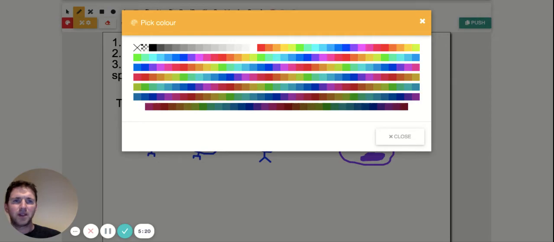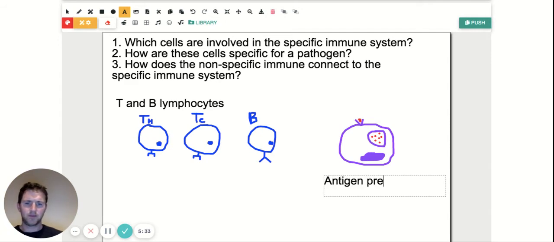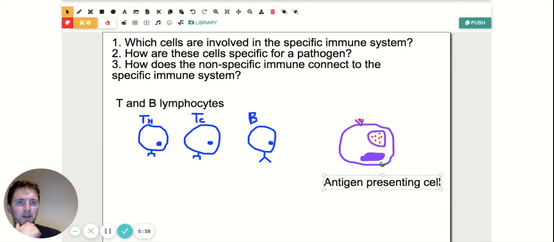We then call that cell something different. It's still a phagocyte, but it's now doing another specific job, which means it is an antigen-presenting cell. It does as it says. It presents the antigen on its surface. It becomes an antigen-presenting cell. This is how the non-specific immune system connects to the specific immune system.